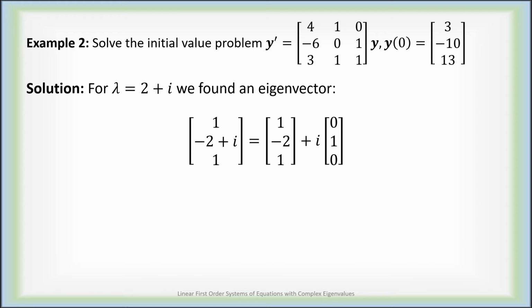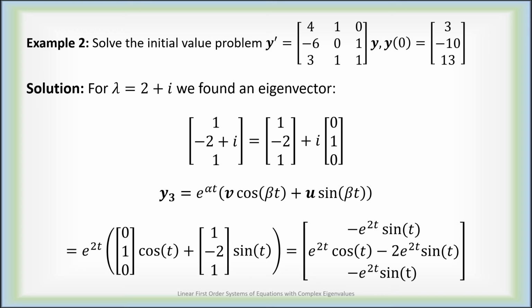But for the other solution generated by this same choice, we have e to the alpha t, v cosine beta t plus u sine beta t. Making all the same substitutions, we can simplify it all into this column right here. Alpha is still 2, beta is still 1, u is still this column, v is still this column.